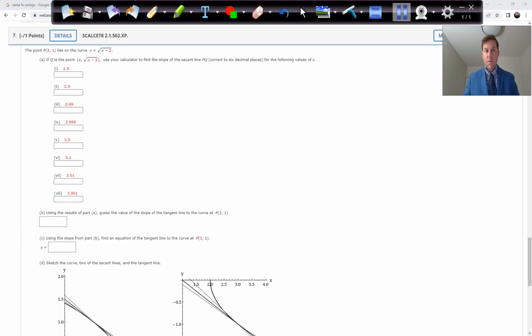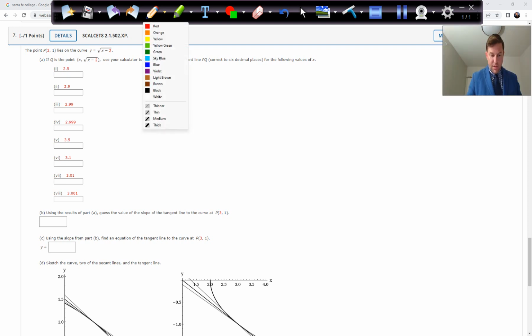Problem 6. Okay, so the last problem in this set is very similar to one we did up above, and they're going to give us a curve, y equals the square root of x minus 2, and it says the point (3, 1) lies on this curve. If Q is a point (x, square root of x minus 2), use your calculator to find the slope of the secant line.